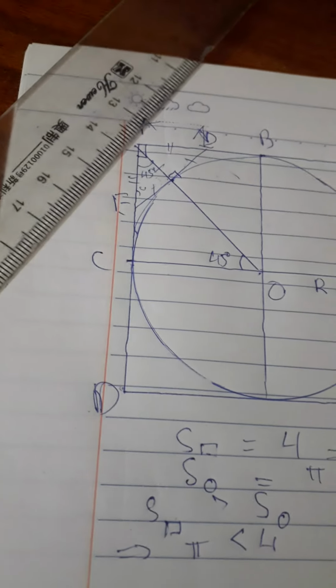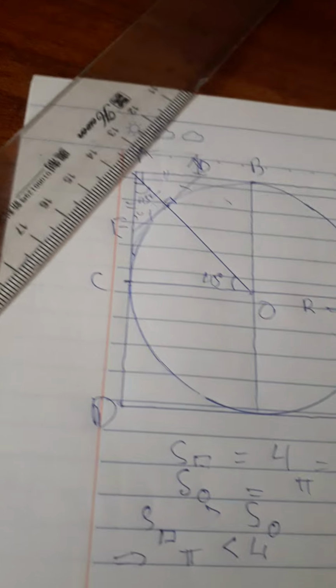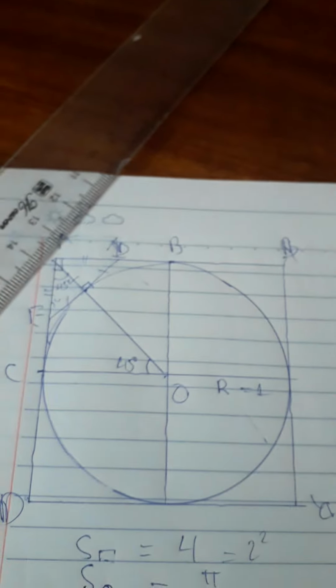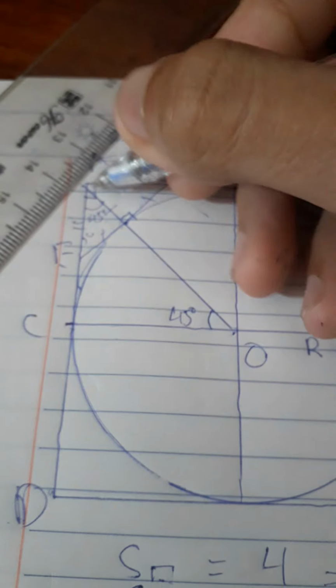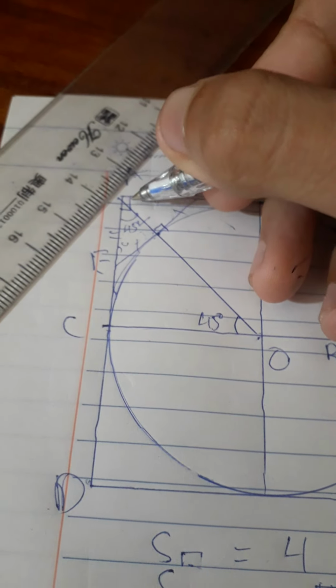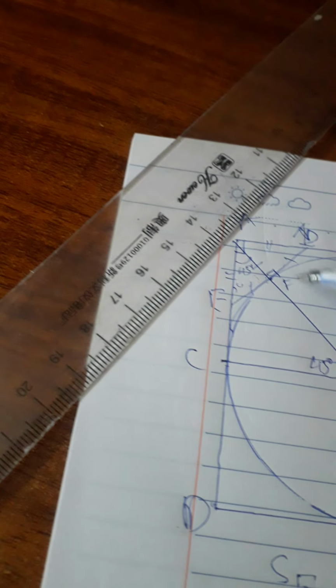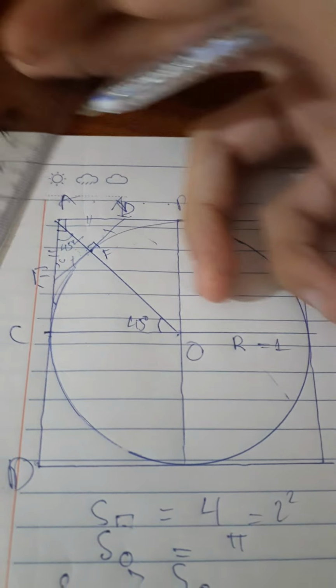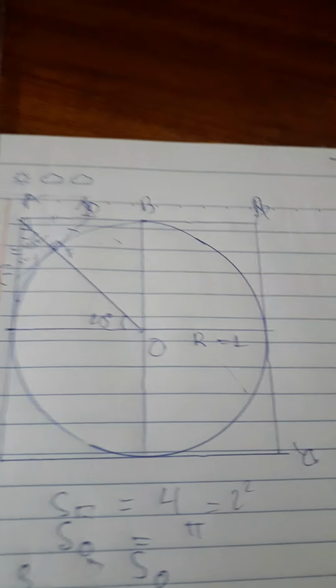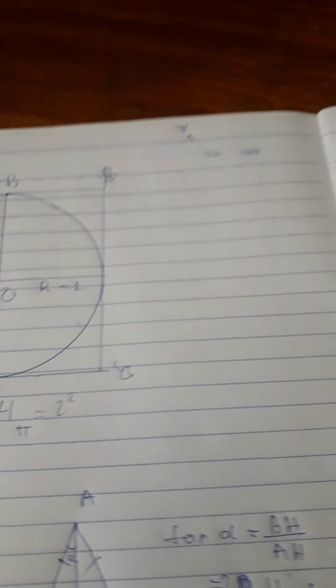So we get that pi has to be less than 4, because there are 4 here, times 1, because this is an area of 1, subtracted by this area here, which is gonna be this height here. Now this height is equal to this, which is this F here, OA subtract OF.